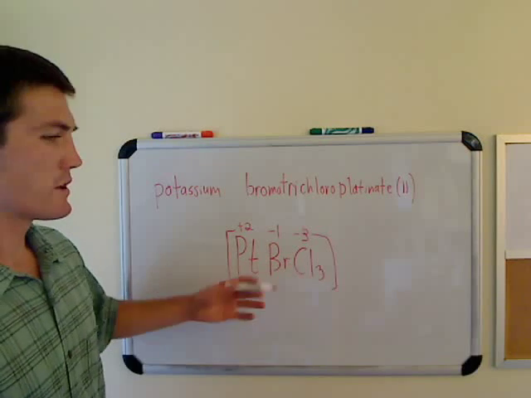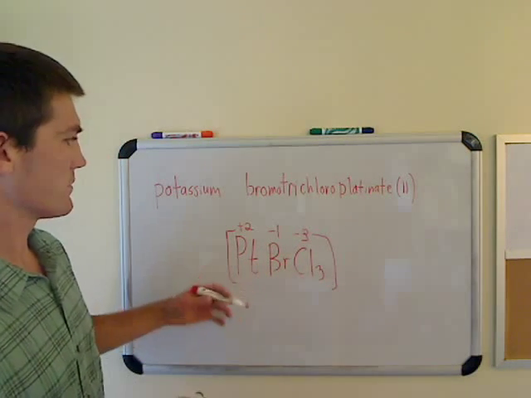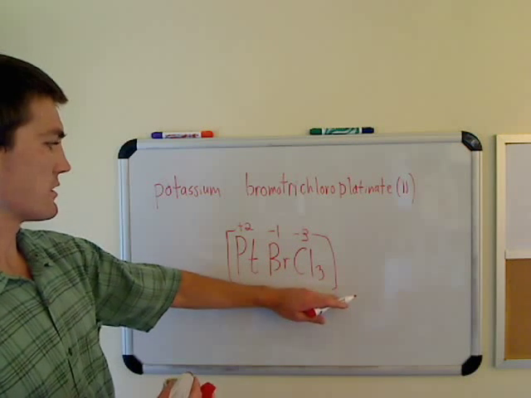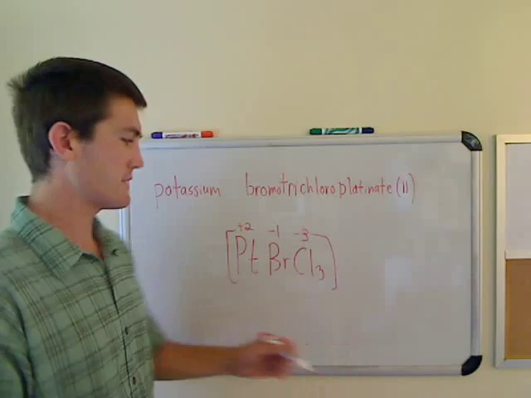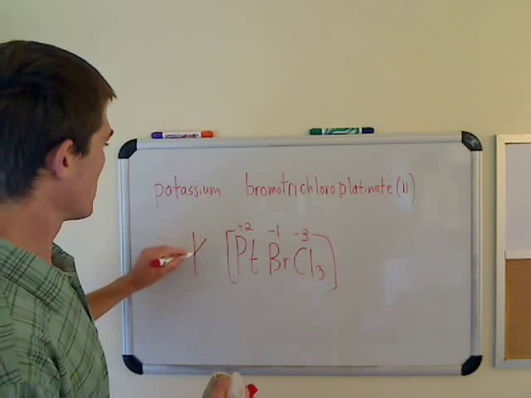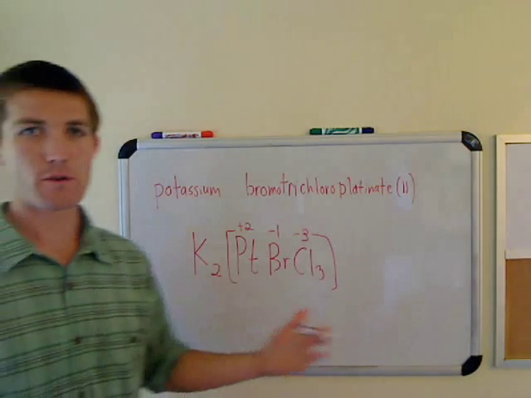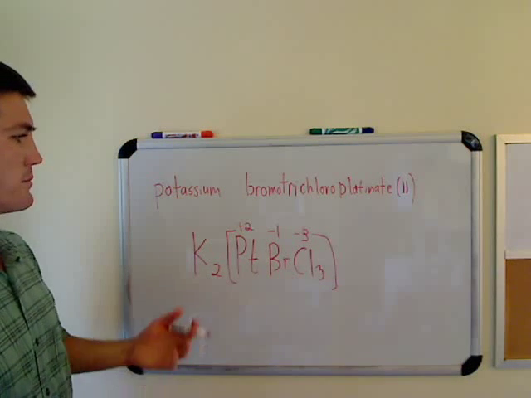For our coordination compound to have an overall charge of 0, that's what we're going for, neutral, we have a -2 charge for our complex ion. That means we need 2 potassiums. So 2 potassiums, and this is the formula that corresponds to this name.